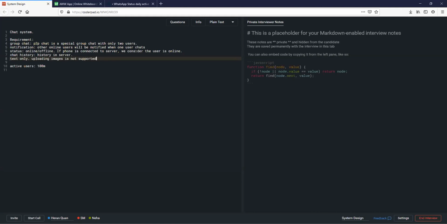Okay, so I think pretty much we have everything here. One other thing which I think would be important is security. Generally, we would want to encrypt the chat messages before sending them over the network. I think that's a very good topic, but I don't want to talk about it in this session.